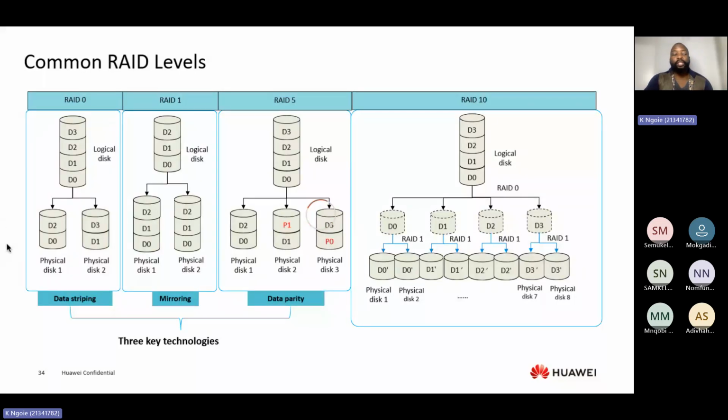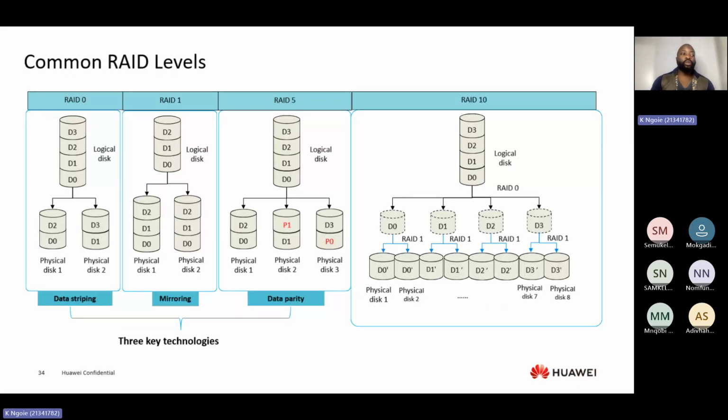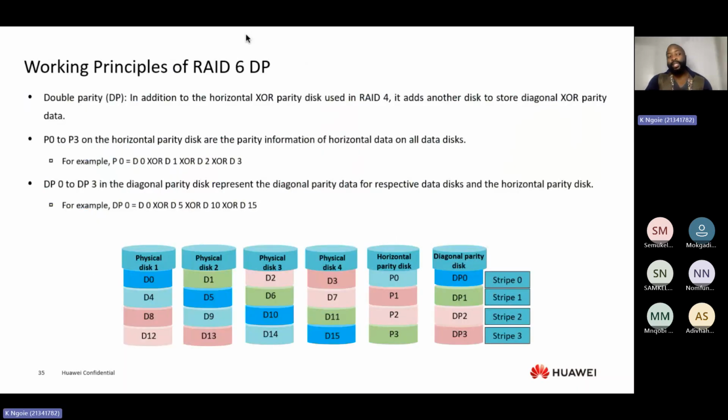Okay, and today is Thursday, and on Tuesday we spoke about RAID 6. When we mentioned all the RAID, there was no RAID 6. So now we have RAID 6 DP, which is RAID 6 double parity. When we talk about double parity, it means that we don't have just a horizontal parity, we also have a diagonal parity.